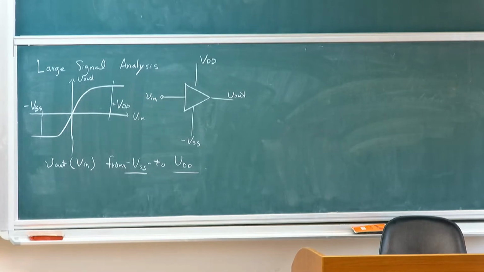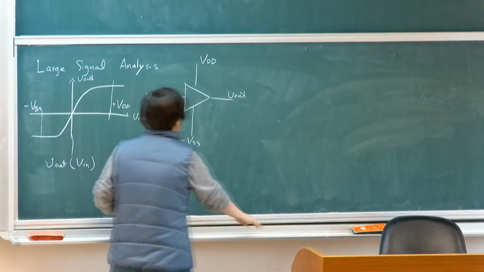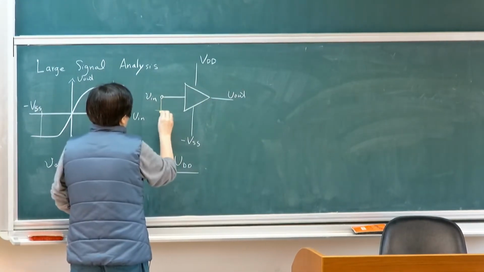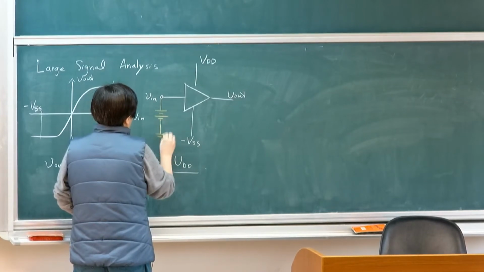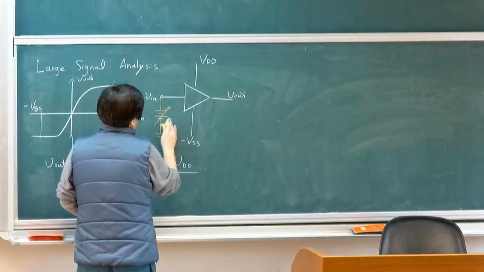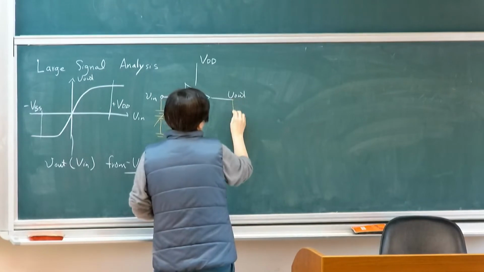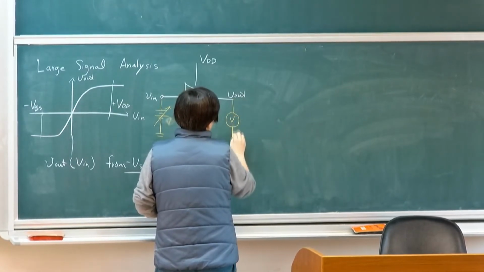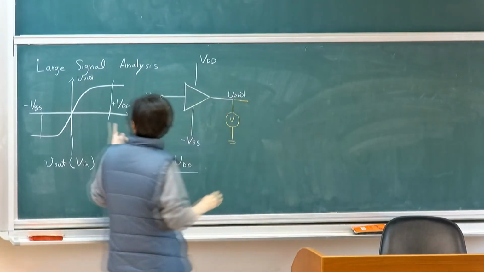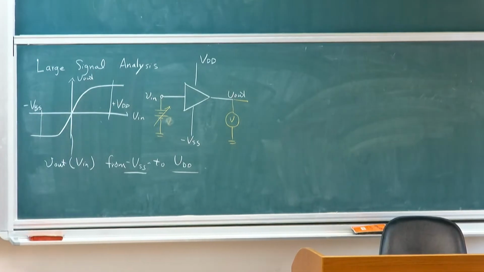You sweep the input and look at the corresponding output. Basically, you connect this with a sweeping input and then measure this with a voltmeter, looking at the output response as I sweep the input. So I should be able to get this once I sweep the device from the most negative to the most positive.